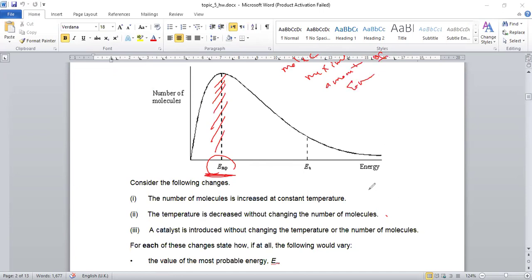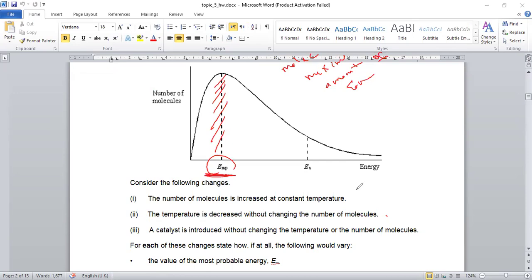You just increase the number of molecules. It won't change because it's a maximum. You don't change the temperature, so when the temperature is not changed, it will not affect the maximum amount of energy.